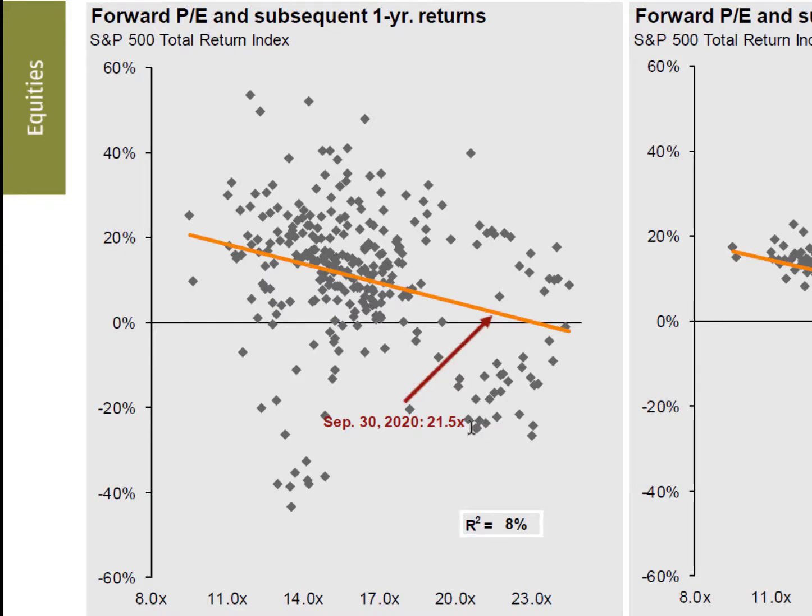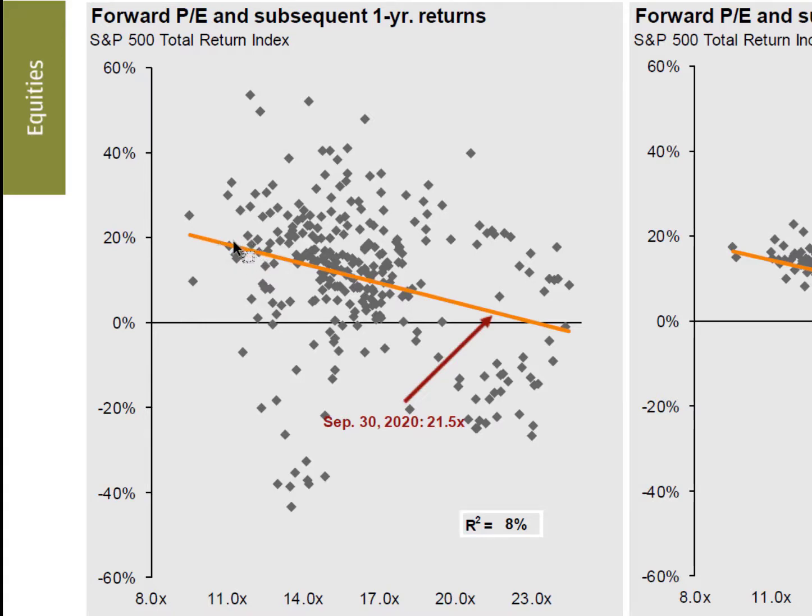But if I were to look at this chart and ask whether there is a real pattern, this orange line is a regression of this data. While the regression does show that it goes down and to the right, which is what we might expect, as PE ratios get more expensive, we should expect lower returns. If you're paying less for a dollar of earnings, your future returns should be better.